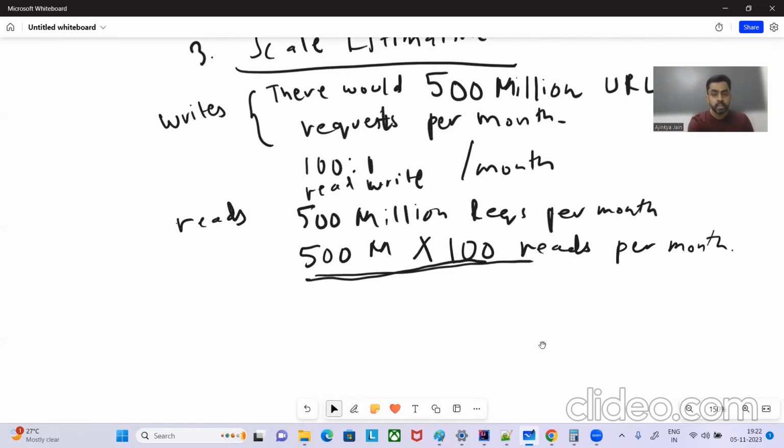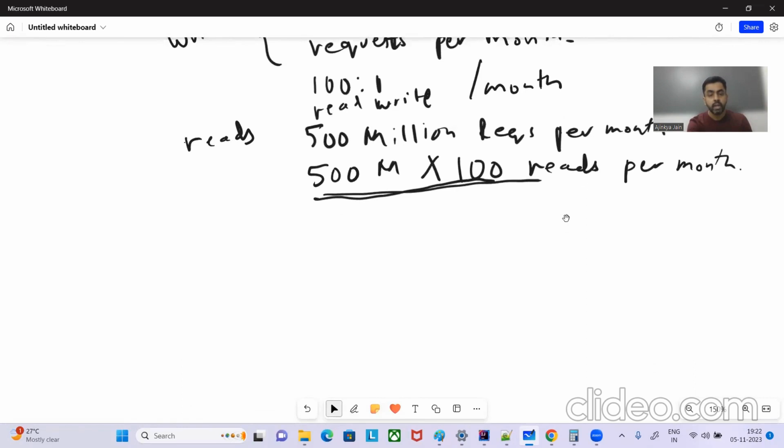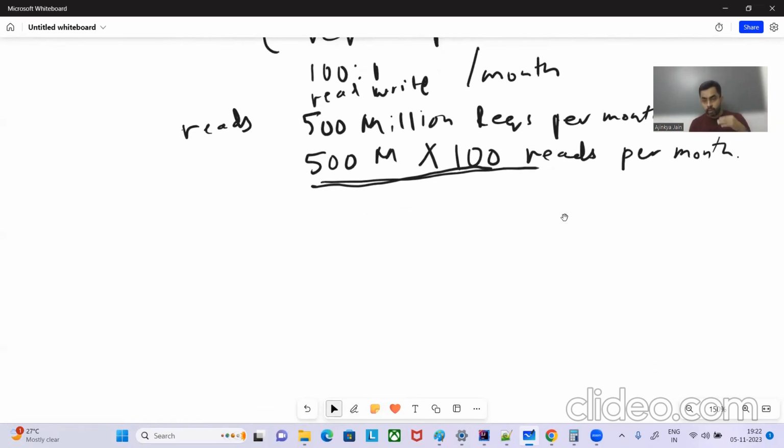Now when this data is given to us, what all things in the scale do we need to estimate? The first and foremost would be the traffic estimate.